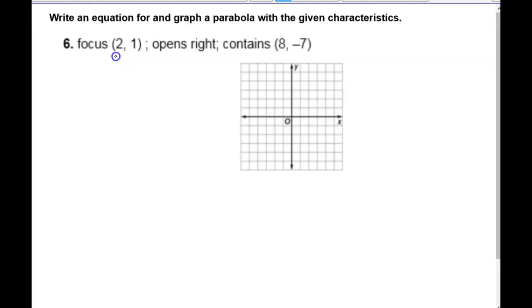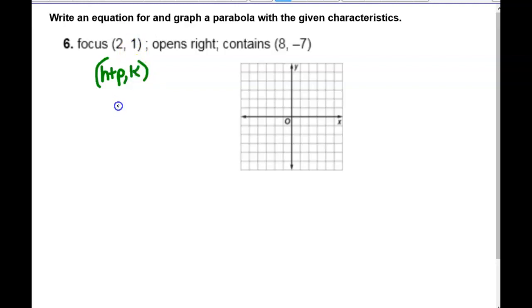Okay. If you know the focus and you know it opens right and it goes through this point, is everybody paying attention? Okay, the focus when it opens to the right, the definition for focus is (h plus p, k). So what is the one thing we for sure know?